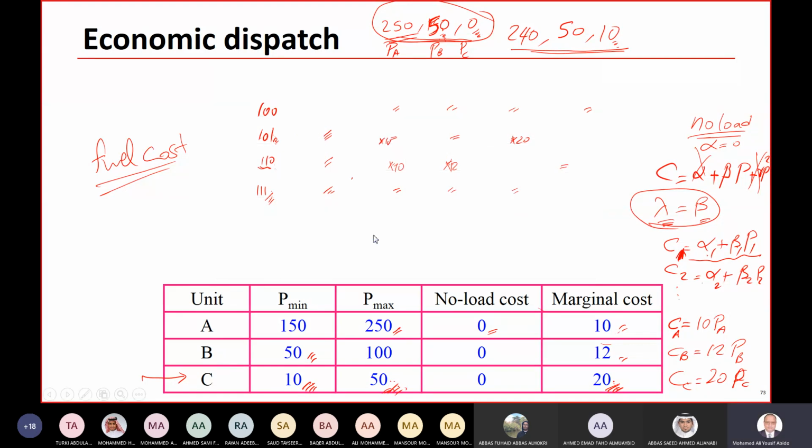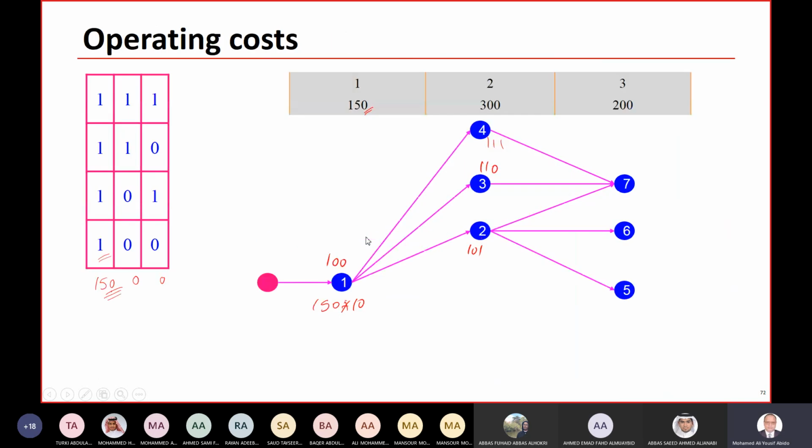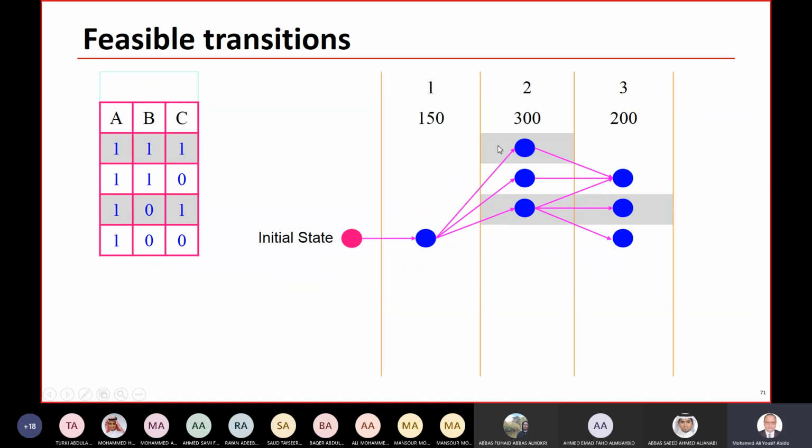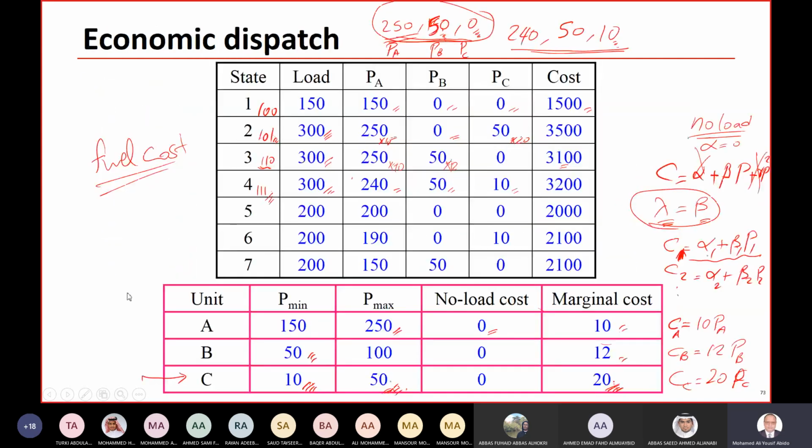Okay, and we don't need to go extensively here for this. Let us take the last one, which is 110. The load is 200 in this period. Let us see status 7, which is 110. So the load is 200.